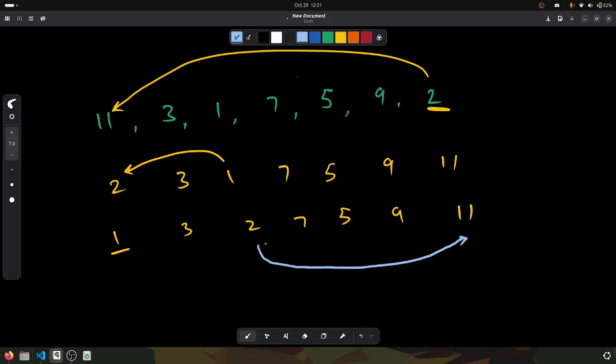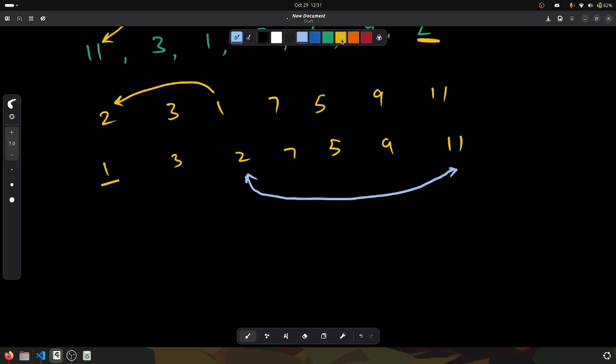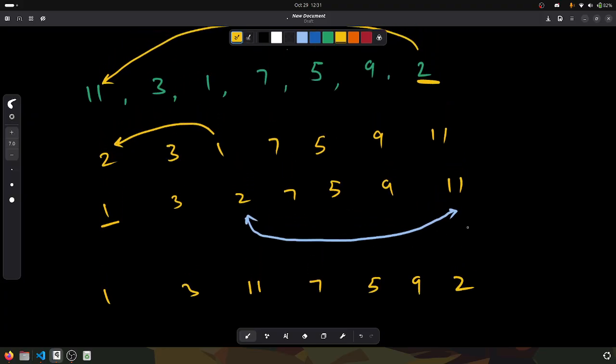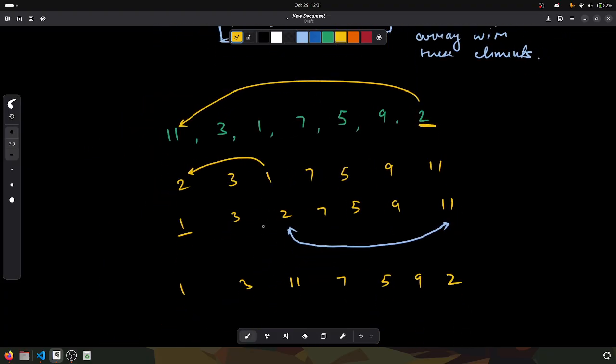Just let me perform this operation and you will notice. After I perform this operation, what will happen is 1, 3, 11, 7, 5, 9, 2. If we look at these 3 operations as a single operation, basically in the array we literally swapped 11 and 1.